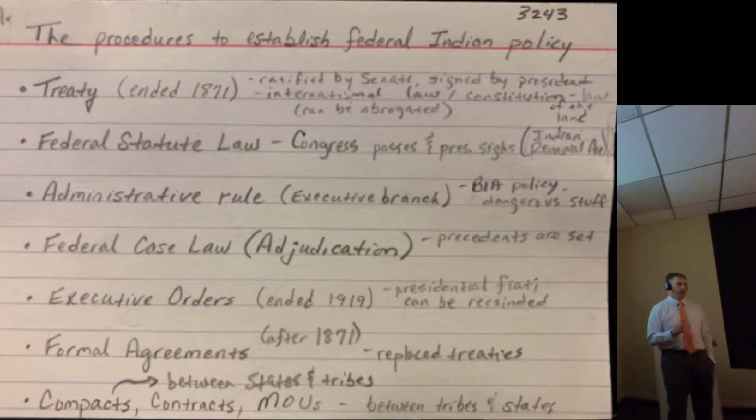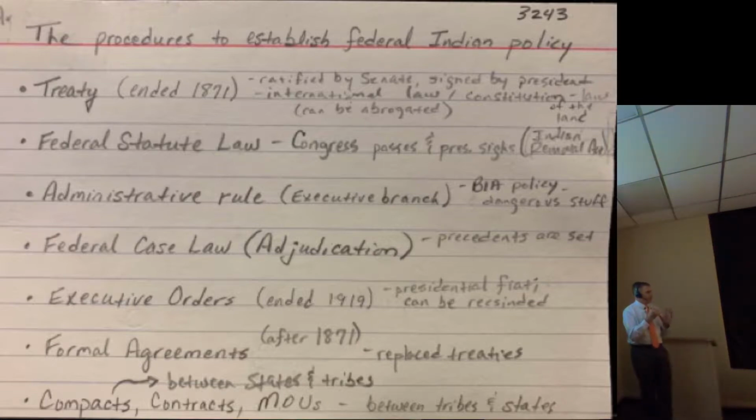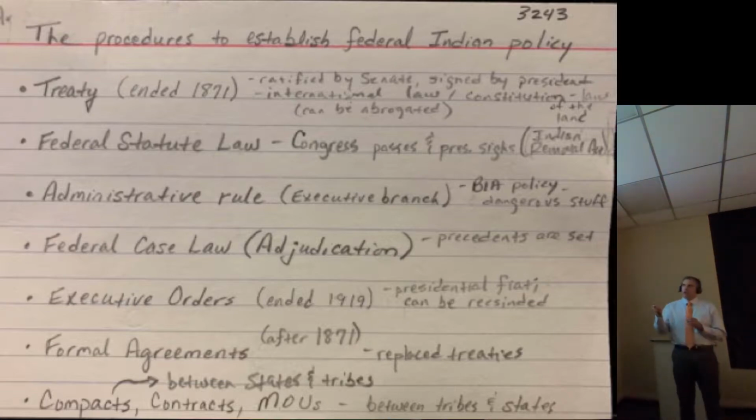So the United States Congress calls the shots in the relationship between the United States and Indian tribes. It's the United States Congress that is the key. And by Congress, I mean both the House and the Senate. Initially, the Senate was more important, but in 1871, this change reflected a power struggle of the House over the Senate with regard to international treaty making. But nevertheless, it doesn't really matter.